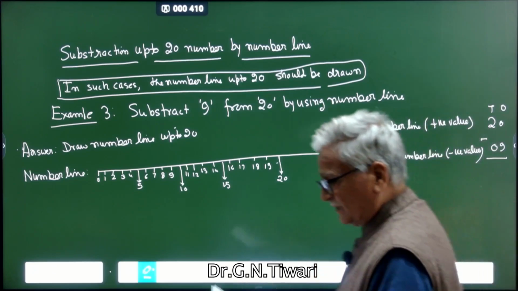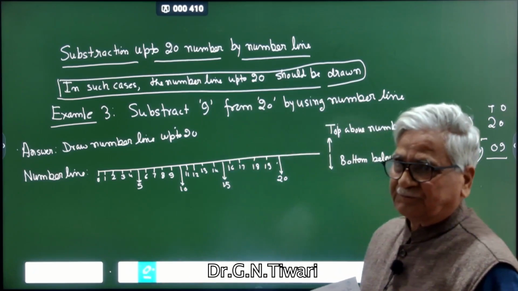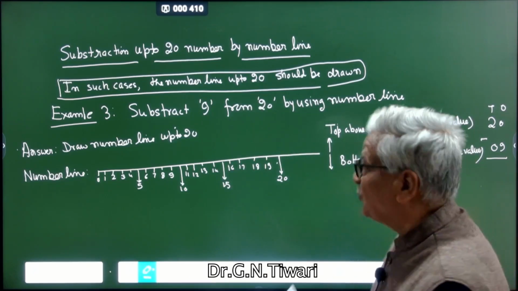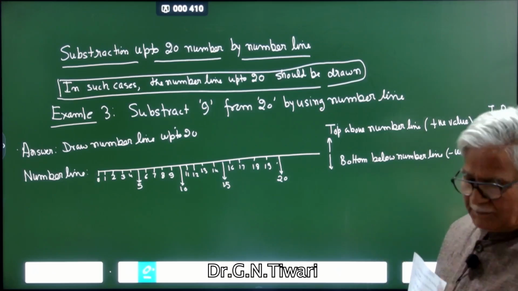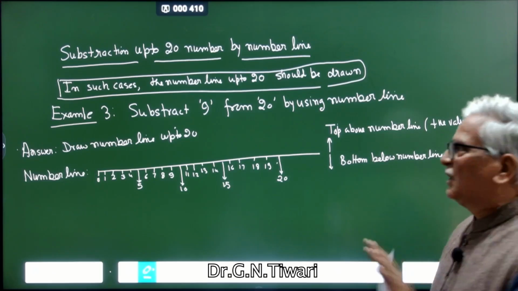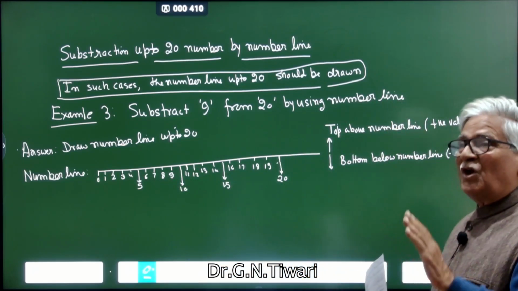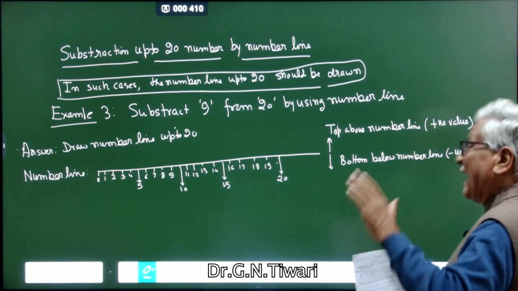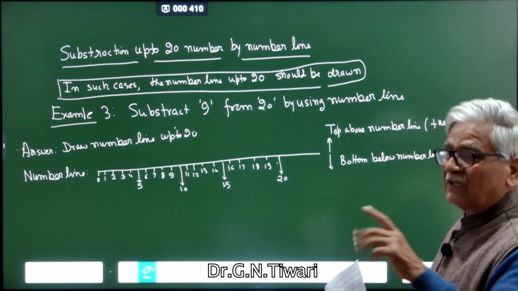Now, what is new that I am going to tell you? Nothing new. You don't have to make a semicircle of 20, because 20 is fixed. What you have to do is subtract 9 from 20. If you just count, it will be difficult.